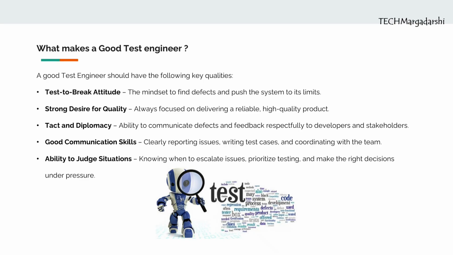They also possess tact and diplomacy because communicating bugs to developers and teams requires respect and clarity. Strong communication skills are essential to write clear test cases, explain issues, and report results effectively. And finally, a good tester has the ability to judge situations, to decide what to test first, when to escalate an issue, and how to handle critical situations under pressure.